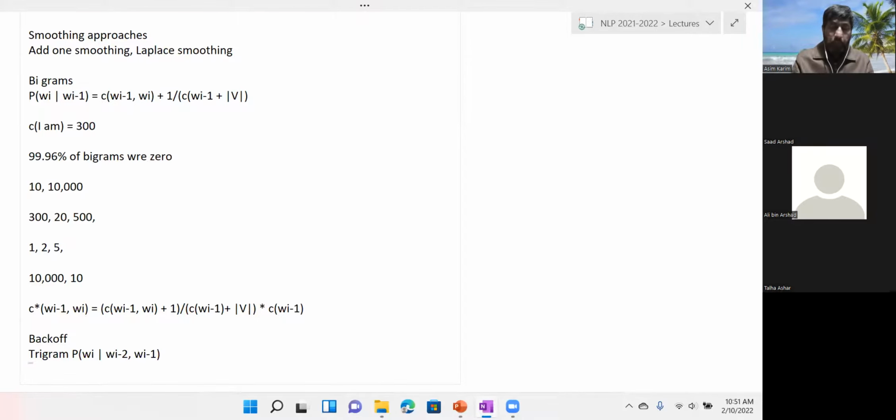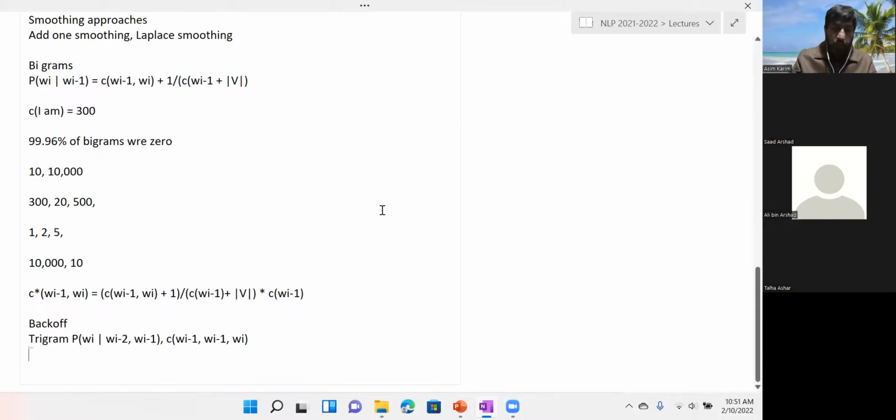For this, what you need is the count of Wi minus 2, Wi minus 1, and Wi. If this count is 0, or let's say very small, 1 or 2 maybe, it will give erroneous results. And as you go to longer length n-grams, you will find in your corpus that they are found to be 0. They are not present in the corpus. If this is the case, you basically estimate this with lower order n-grams.